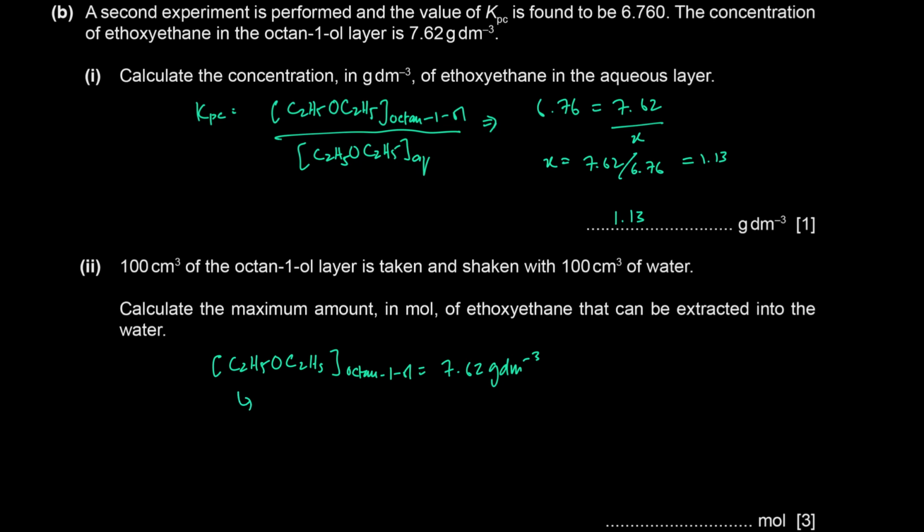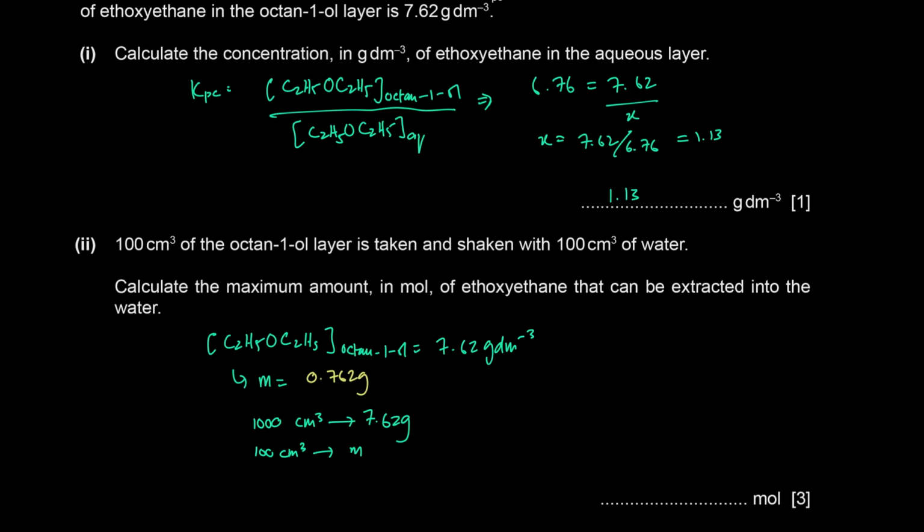So then over here, if I have 100 cm cube of octan-1-ol, what's the mass that I have of the solute initially? In a thousand cm cube, I would have 7.62 grams. So in 100 cm cube, what's the mass that I have? Because I have the same concentration, the mass over here would be 0.762 grams.